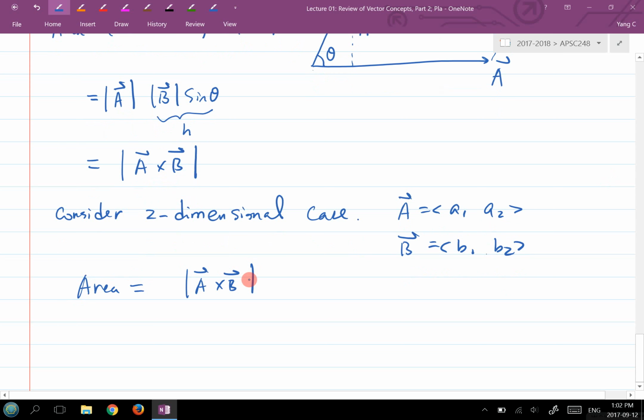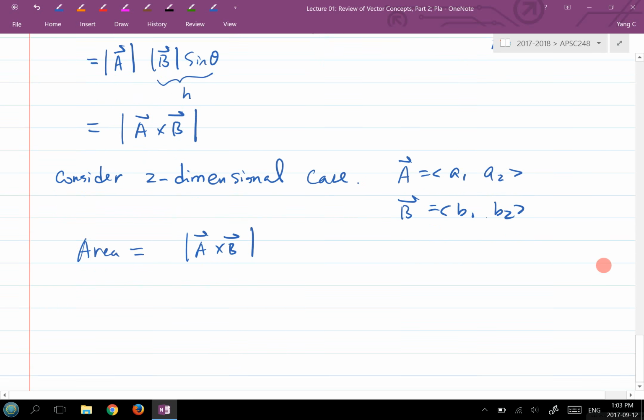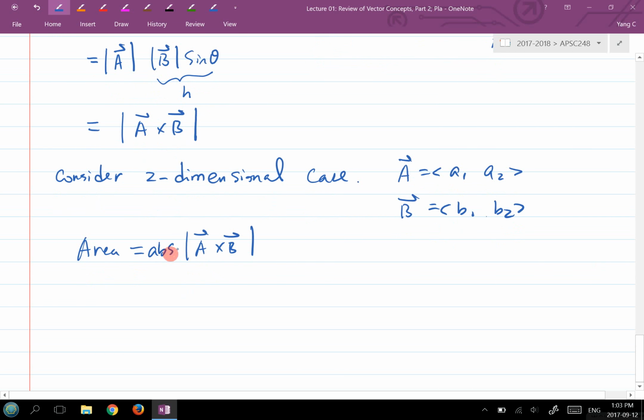Area, as you probably understand, is not a quantity that can be negative, but a determinant could be negative. So sometimes you can use the absolute value sign just to get rid of that negative sign.